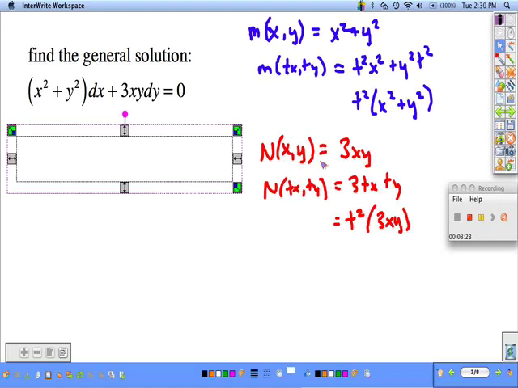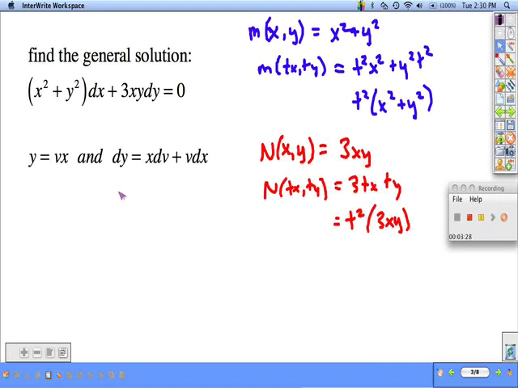And what that allows us to do is make the substitutions y equals v times x and dy equals x dv plus v dx. And that's just using the product rule to differentiate. But we're changing this equation to become an equation that involves x and v instead of x and y.